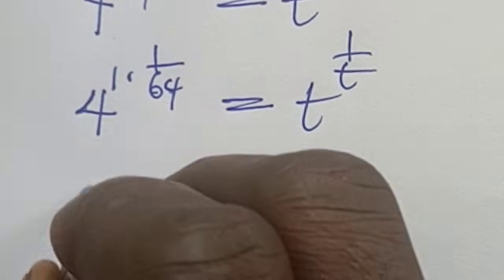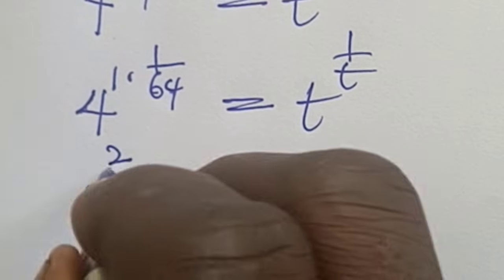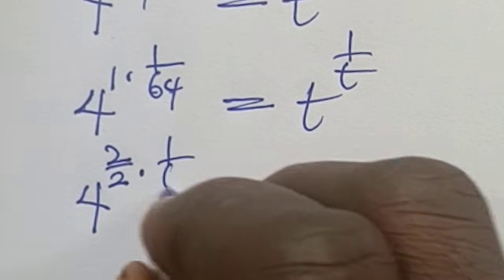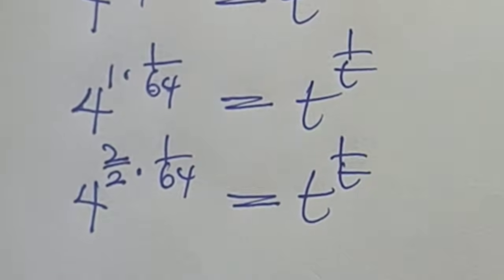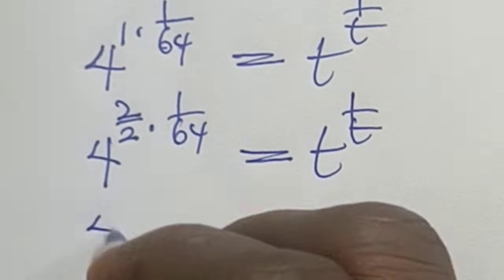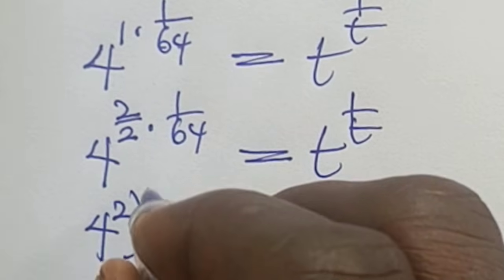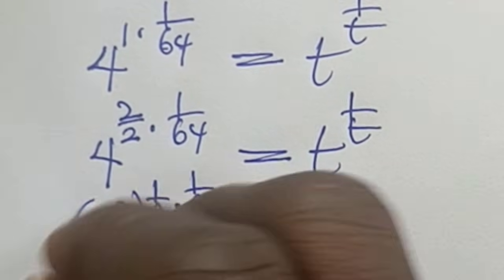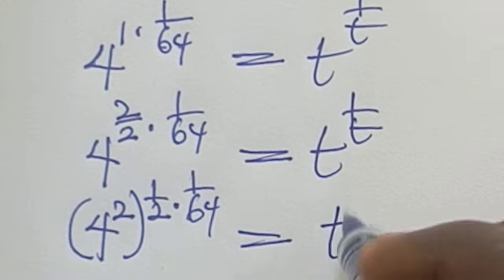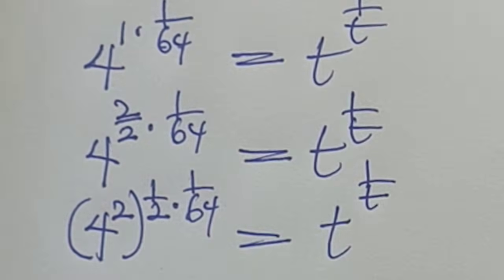And again, 1 can be written as 2 over 2, so 4 to the power of 2 over 2 times 1 over 64 equals t to the power of 1 over t. Again, we can rearrange it as 4 to the power of 2 times 1 over 2 times 1 over 64, close this bracket. This all equals t to the power of 1 over t.